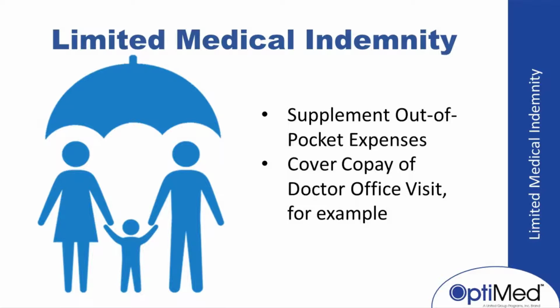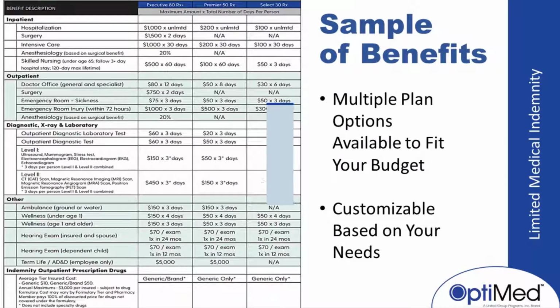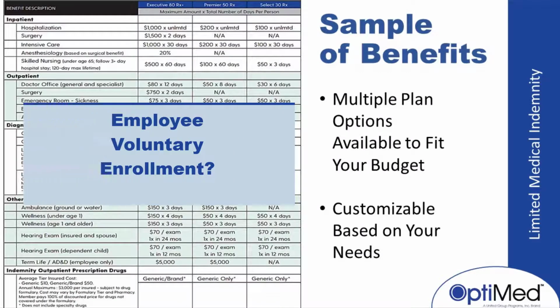So for example, if they have a $50 copay on their major medical plan for a doctor office visit and they can get a limited benefit plan that has a $50 indemnity benefit, well, there you go. It'll cover your copay. So you can actually have employees who would want to enroll on a voluntary basis that have high deductibles or big copays on their major medical programs.